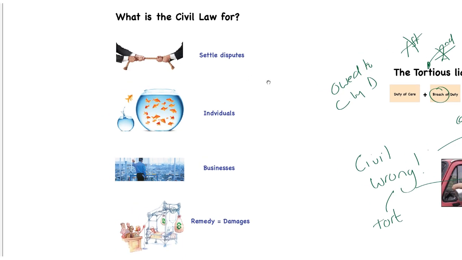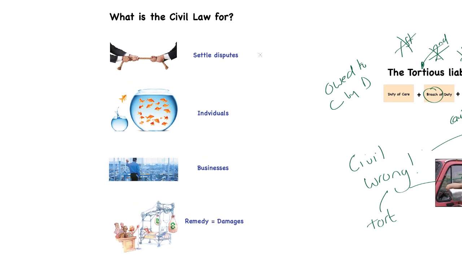Let's have a look at what the civil law is for. Well, the civil law is about settling disputes between individuals. If I, for instance, well, I do own a home.